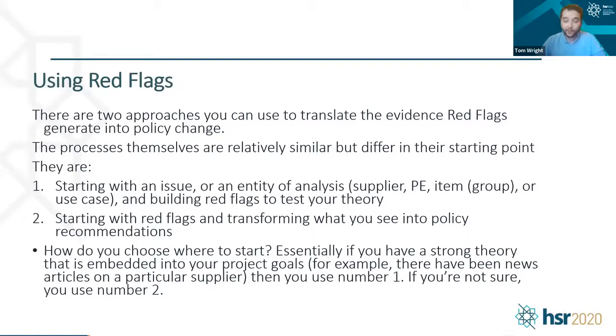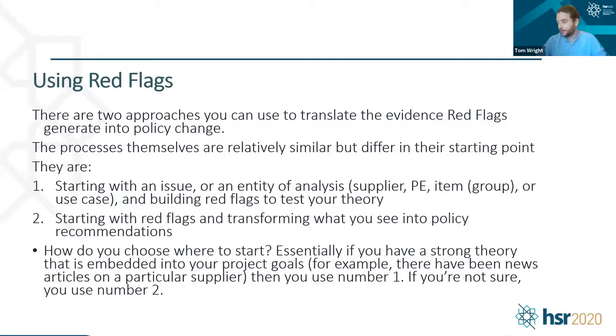So a common red flag would be tender period being too short, for example. And looking at that across an entire system and investigating different areas, and then investigating different red flags and see what pops up in your system, in your data. So which areas of the data have the most red flags.